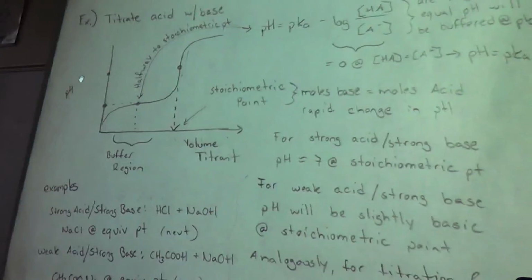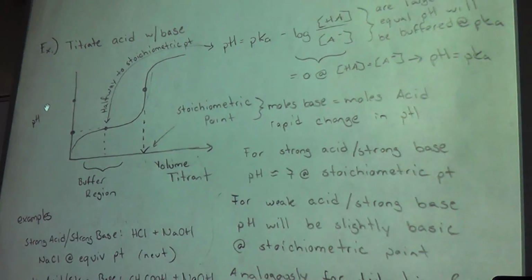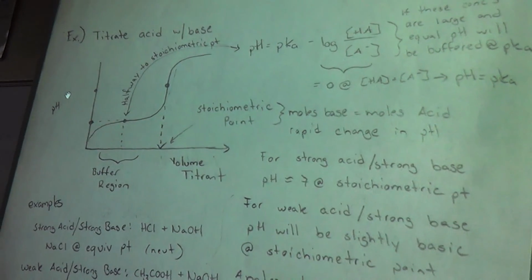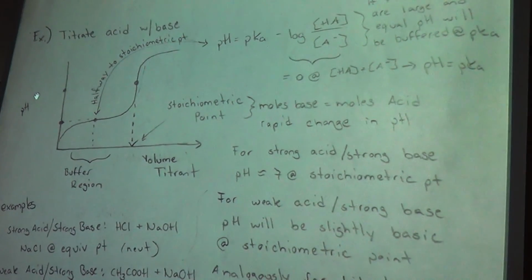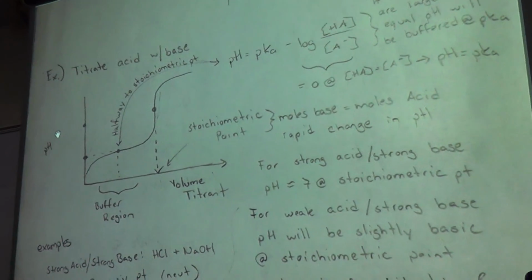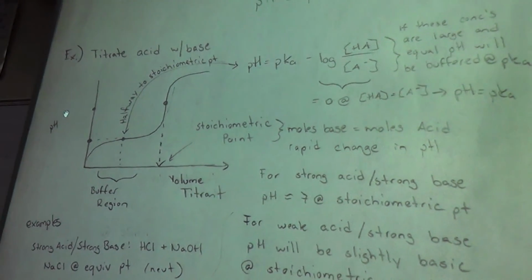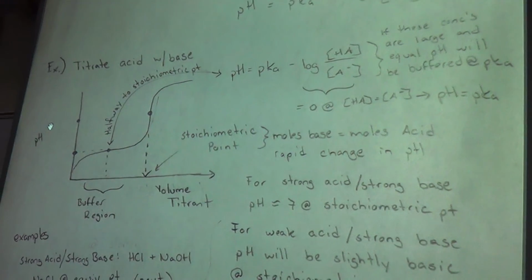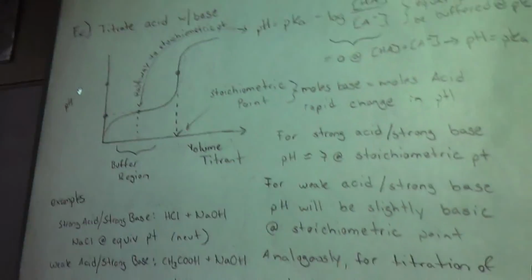If your titration ended up producing a weak base or a weak acid, a weak base is going to make the equivalence point pH higher than neutral. If you end up with a weak acid at the end point of your titration, then you're going to bring that pH down below neutral, below 7.